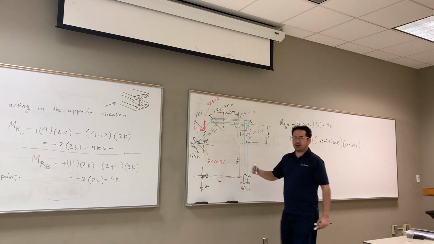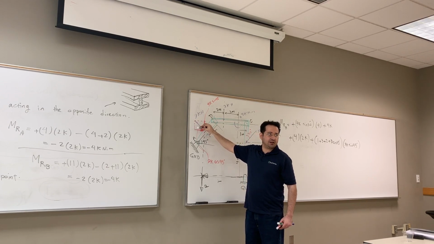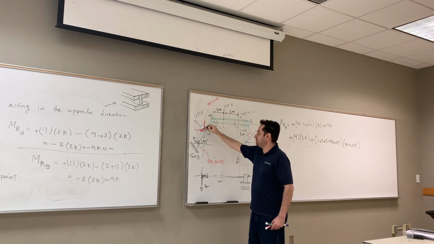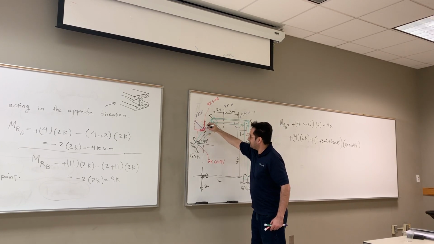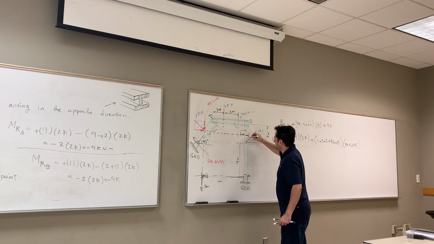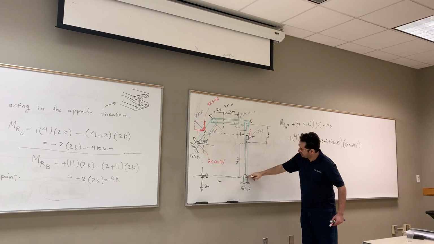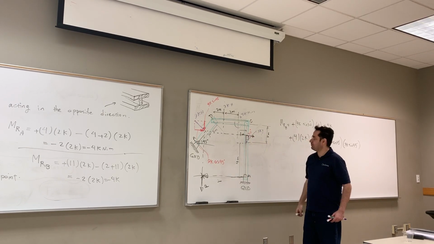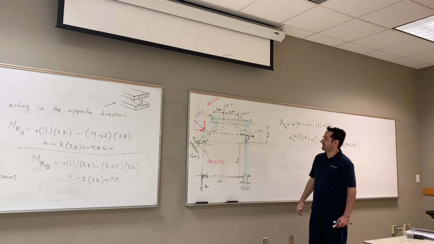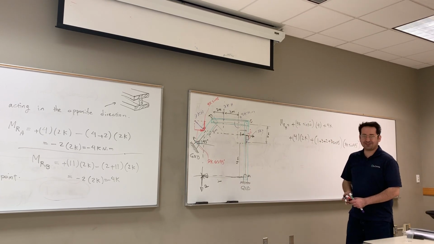Now let's go to the other component. It's already broken out. So what should I do then? Move it. Step 2. Where should I move it? To the right. So if you move it here, then you see it's going to be normal to this R. So what's your moment arm? It's not 4.